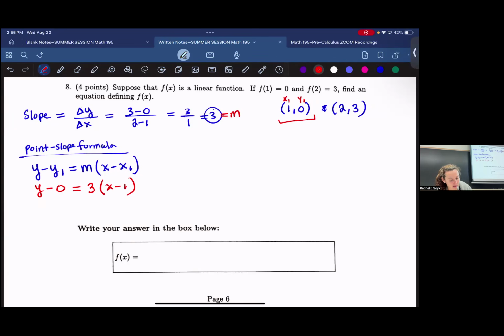That gives us the ability to simplify it very easily. You could keep it in this form since they don't specify slope-intercept, or you can put it into slope-intercept form to get y is equal to 3x minus 3. And there we have it. We found the equation of our line using 2 points.